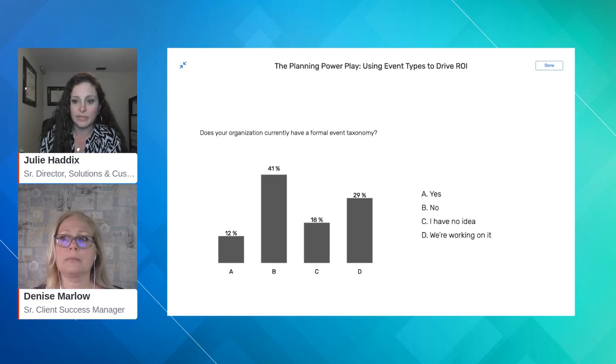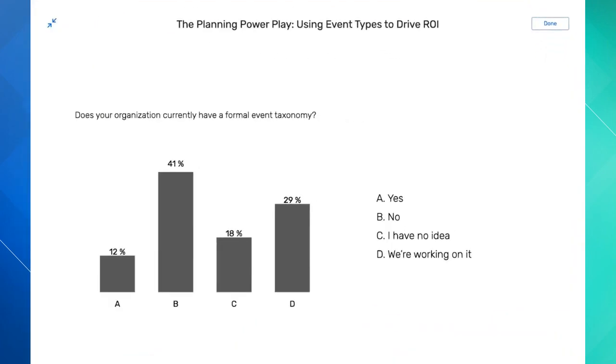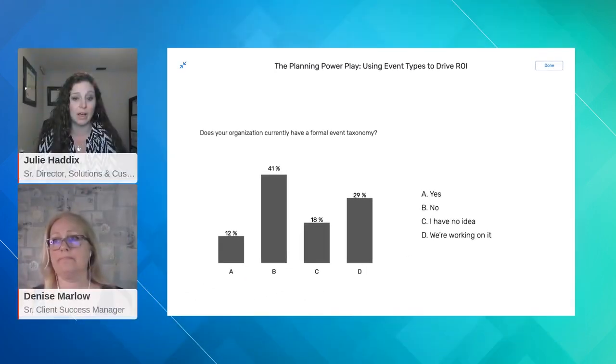The results that we saw were only 12% said yes, 41% no. I love that. 18% I have no idea. And another 29% of you are currently working on it. So that's almost 60% of you in that no or I have no idea bucket.